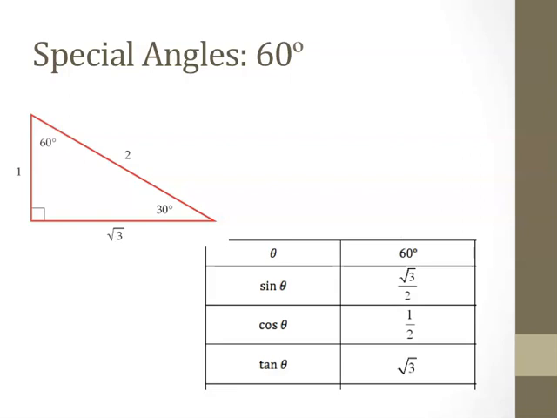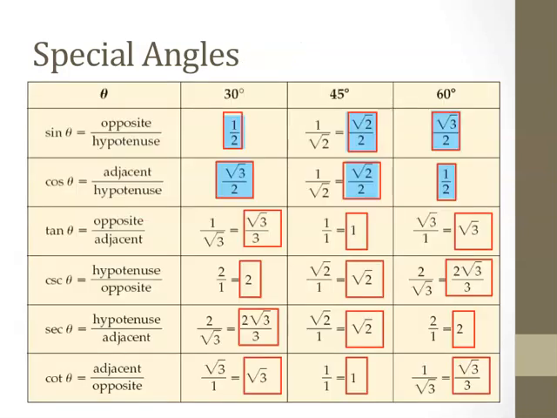Okay, so now for the bottom half of the chart, well, how do we figure that out? The bottom half of the chart is just the reciprocals, right? So look at the 30-degree column, you only need to write down what's in the red boxes. I'm just writing out the other parts here so you can see how we're getting it, right?